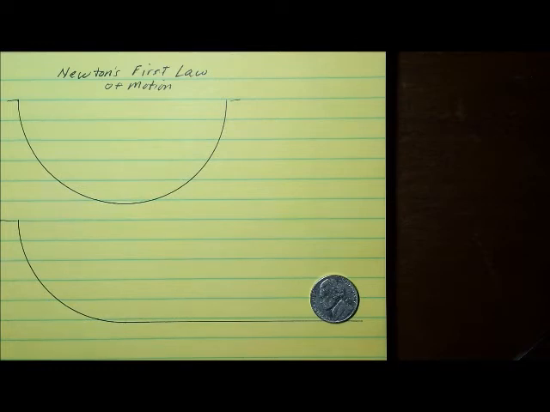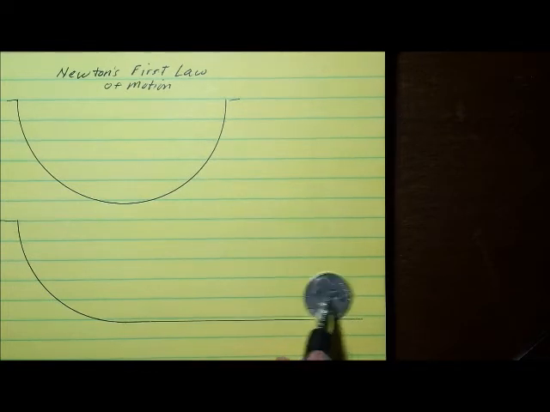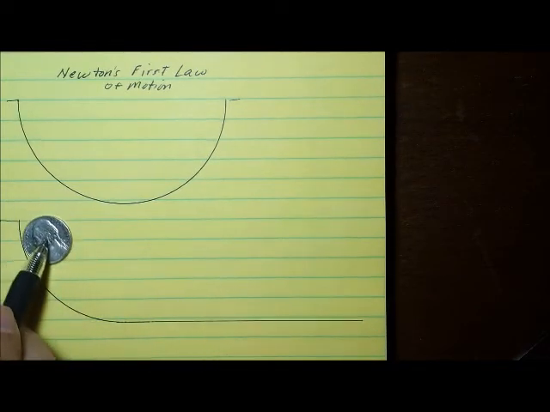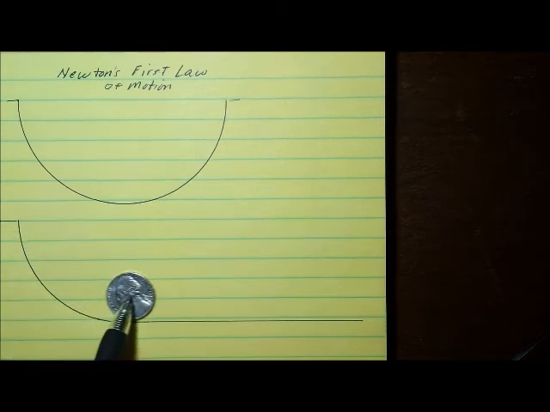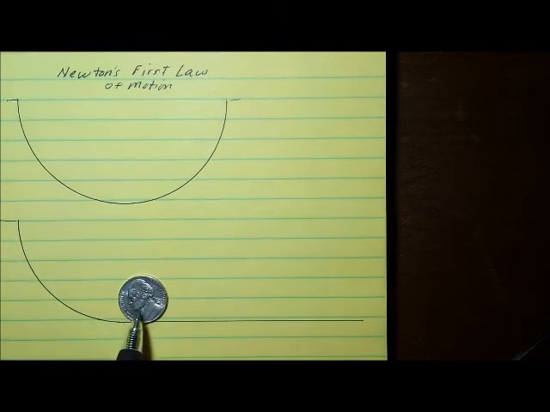So an object at rest will remain at rest unless you apply a force to it to accelerate it. And an object in motion will continue in motion, moving at a constant velocity. That means not speeding up, not slowing down, not changing direction, unless it's acted upon by some outside force, such as air resistance or friction.